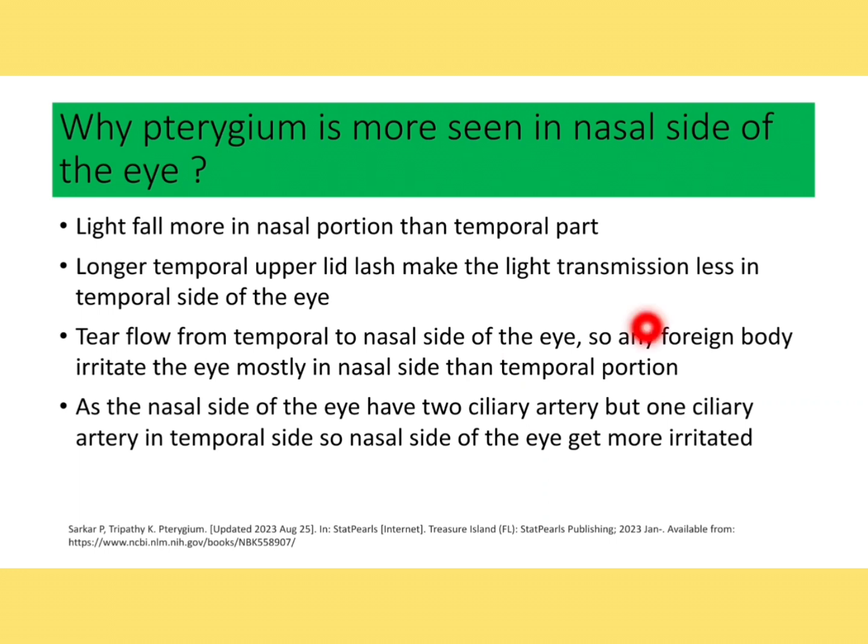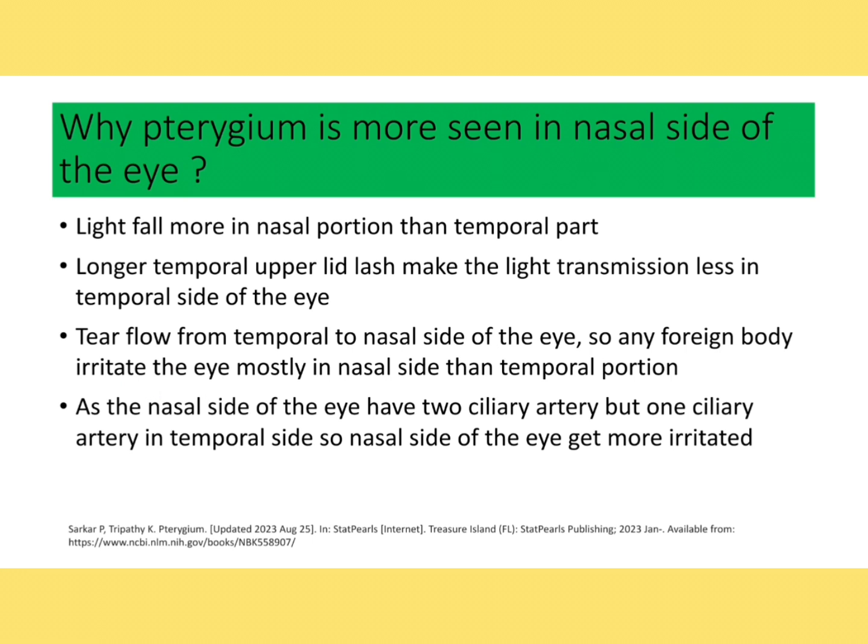So if any foreign body irritates the eye, the foreign body also comes with the tear flow to the nasal side, and it irritates mostly the nasal portion of the eye rather than the temporal portion. So this is also one of the reasons that pterygium is more seen in the nasal portion.